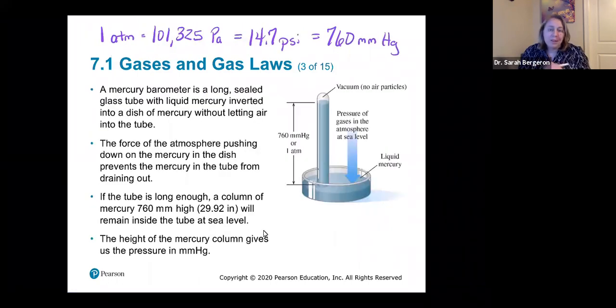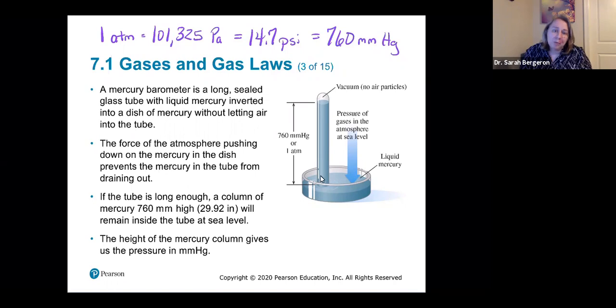And the way this was initially measured is you have this tube, like a test tube, sitting in a dish. If you fill the tube and the dish with mercury, and you flip the tube over into the liquid really quick, the atmosphere is going to push on the liquid in the dish.